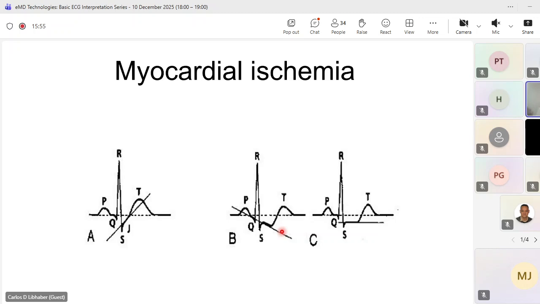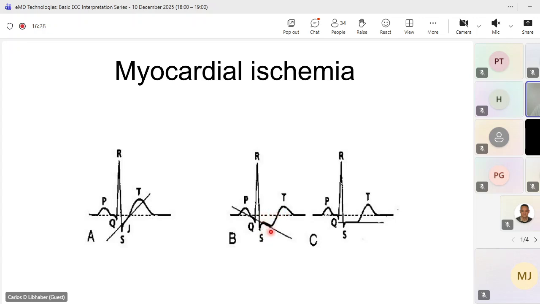You don't need to know that, but just 2 small squares to go back to the isoelectric line. That is myocardial ischemia. This is ischemia with downsloping. This is ischemia with horizontal ST segment depression. We call this segment ST because it's the segment that goes from the S to the T.